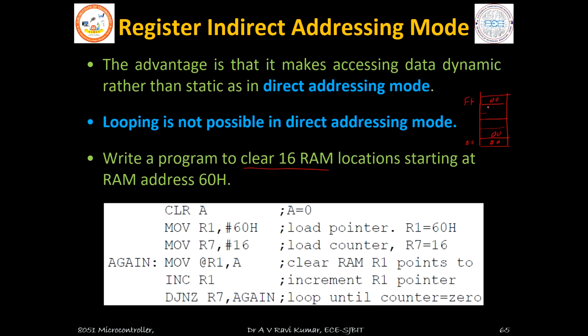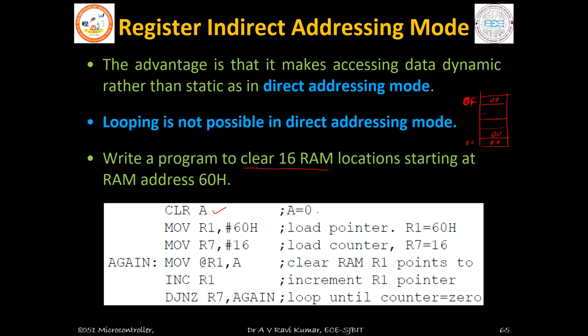All become 00. I should make the 16, in the sense 0F. Sorry, it is 0F, not FF. This is 15, 0F. Fine. Now what I'm going to do, first I take the accumulator and clear it, CLR A.